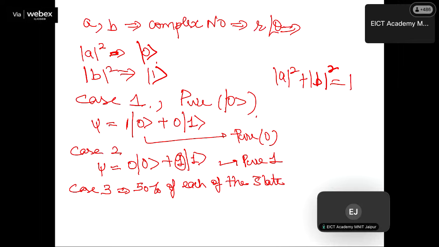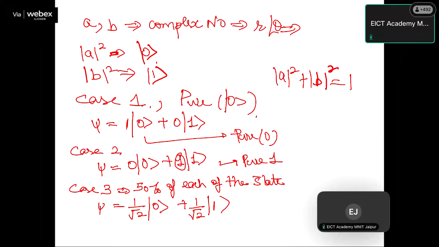If there is 50% of each state, the quantum equation would be 1 by under root 2 times the bit 0 plus 1 by under root 2 times the bit 1, the highest energy level.